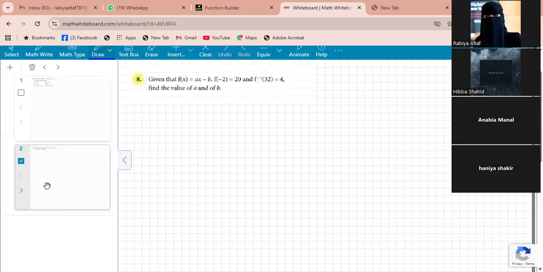Question 8 is this one. Now in this question, the function is given to you, which is f of x equals ax minus b. Two more equations are given. First one is f of minus 2 equals 20. Second one is f inverse of 32 equals 4.